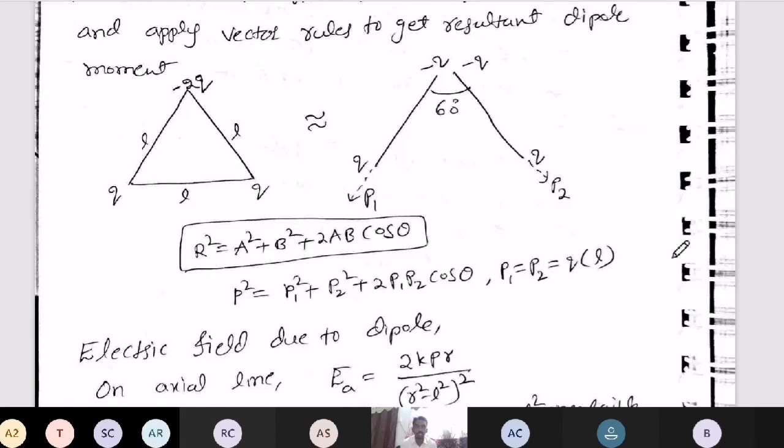They will not give one dipole, they will give a combination, where you need to split it into a number of dipoles. Like minus 2q, if you divide it as minus q, then there are two dipoles whose dipole moments are at an angle of 60 degrees. Then again you need to use the vector formula to find the resultant. That is the first kind of question they will ask based on the electric dipole.